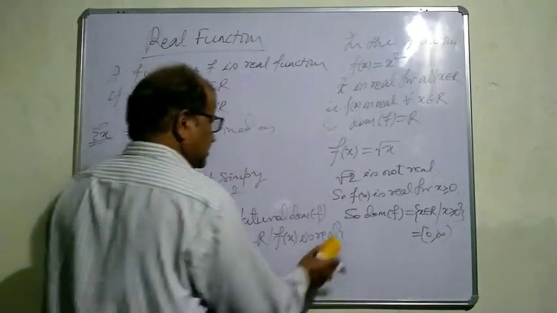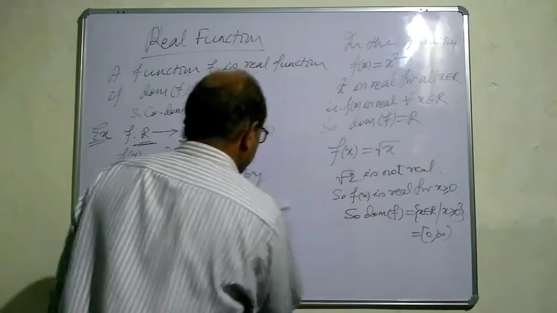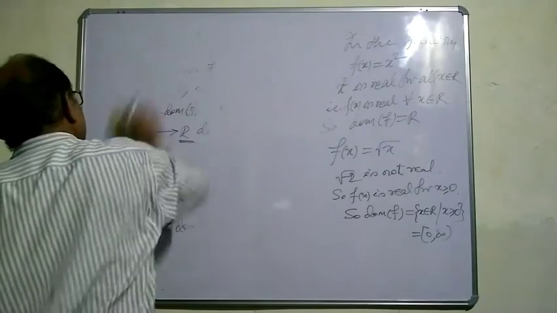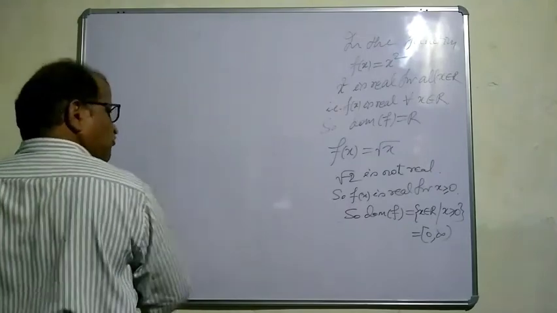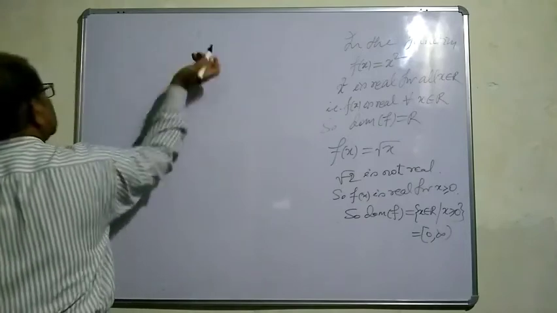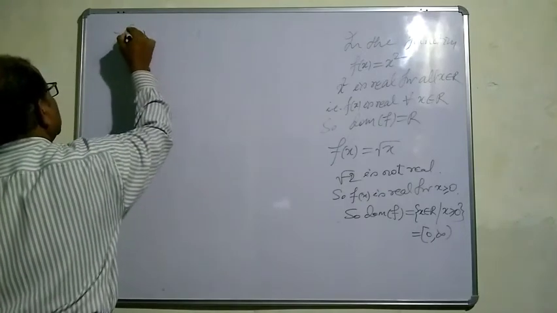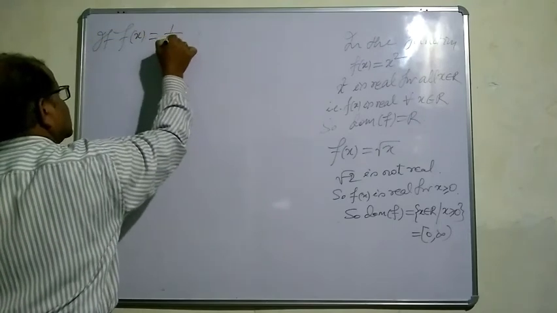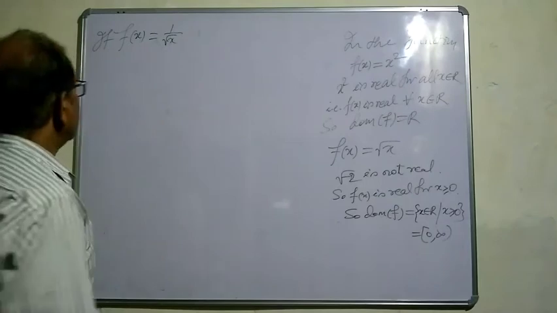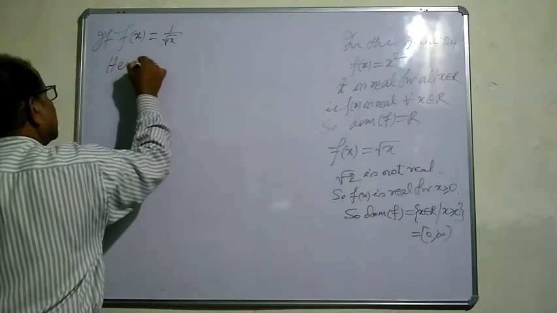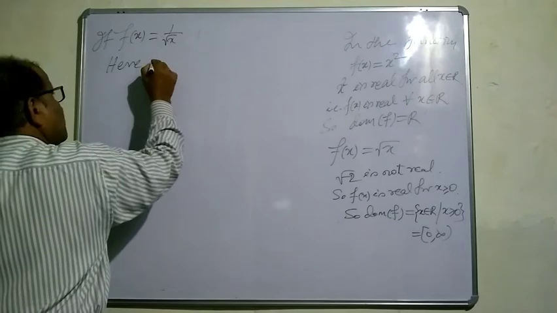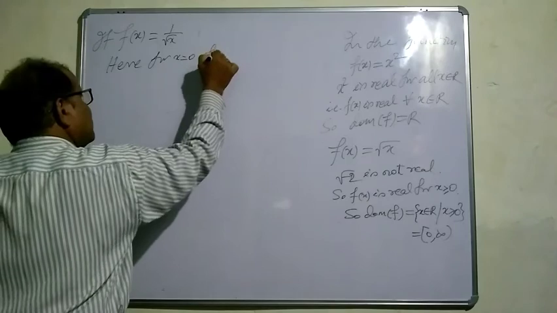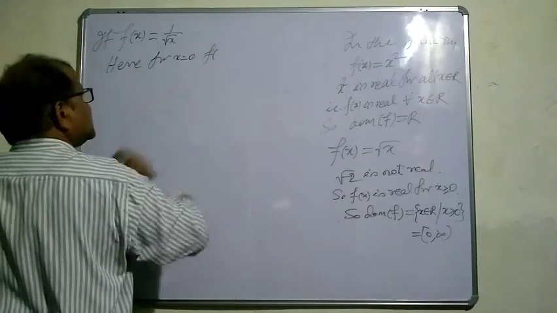And in place of root x, if I write f(x) equal to 1 by square root of x, here you see for x equal to 0, f(x) is not defined.